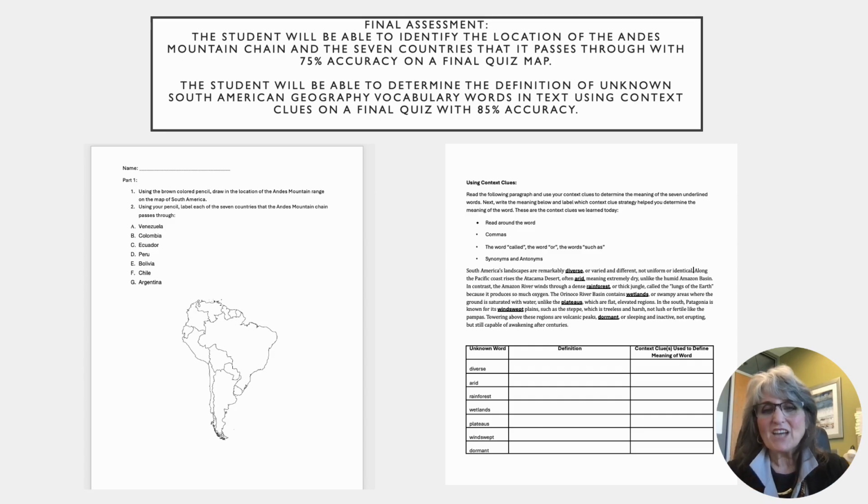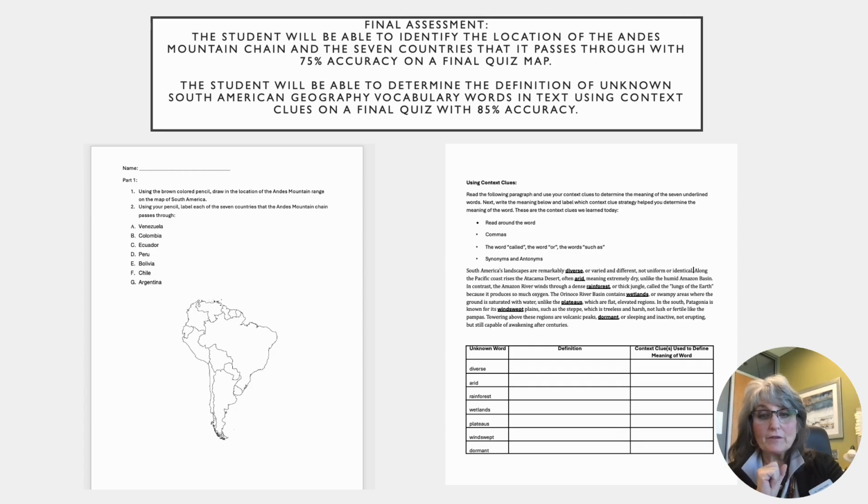So if you'll notice at the top of the screen here, I have a final assessment there, and then I have my learning objectives again. That's right, because remember I said at the beginning, the condition in your learning objective must show up again in the final assessment.